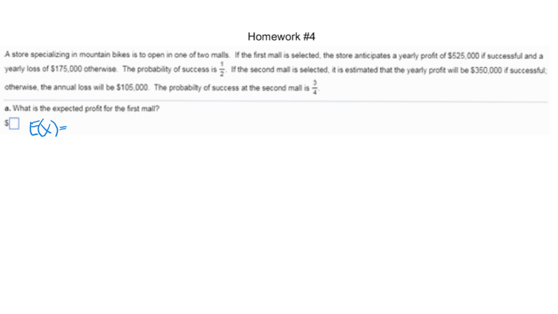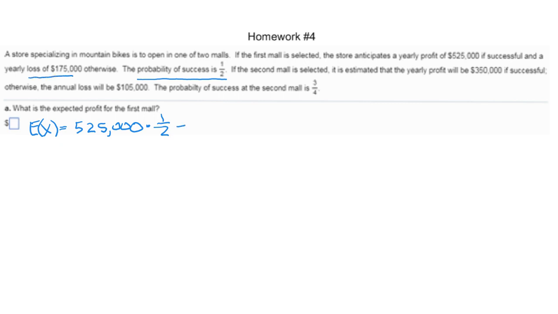All right, so let's think about this. For the first mall, if we look at success, we will earn $525,000. And it says the probability of success is 1/2. So this is the amount for success. And then it says otherwise, we have a loss of $175,000.